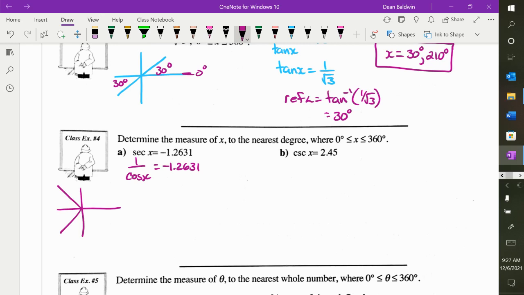Okay. So I got to solve for cosine, so I can just flip them and get cos x is equal to 1 over negative 1.2631. How do I find my reference angle?